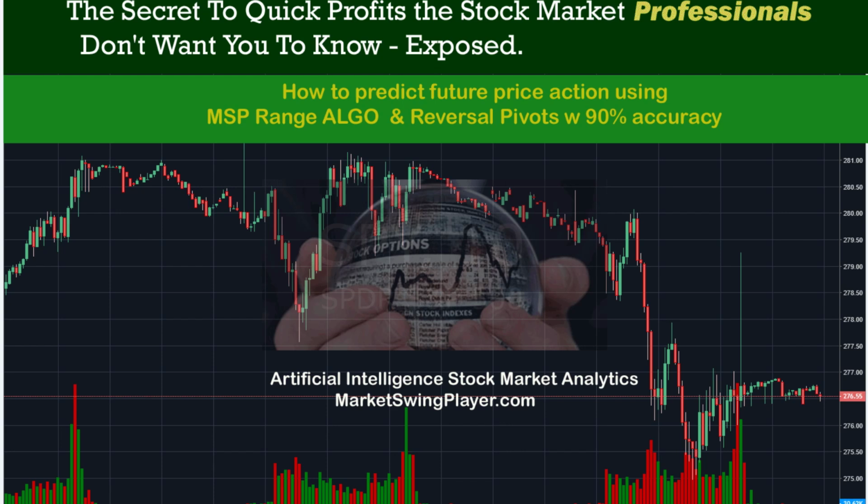The secret to making quick profits the stock market professionals don't want you to know is that you can gauge and predict future price action by using the institutional traders and market makers' pivotal price points to scalp trade whether price is in chop or not.